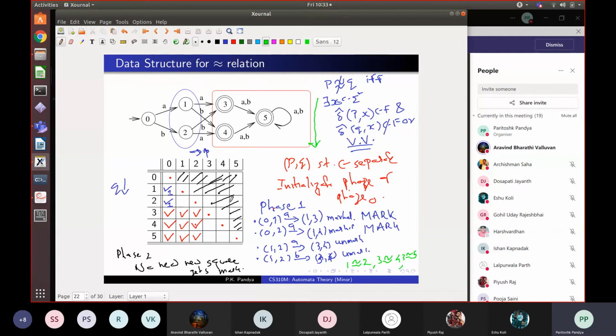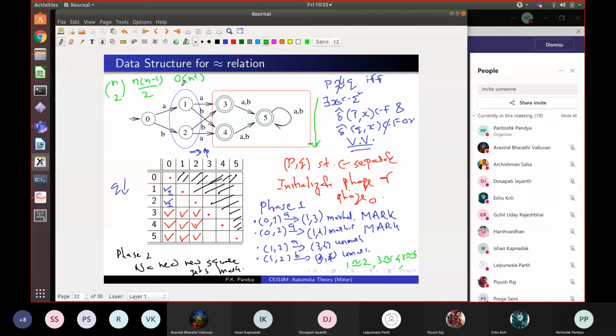I'm not clear about the point about this solution not being optimal. See, first of all, it will go to n choose 2 number of phases in the worst case. That is n into n minus 1 by 2, so this is order n square.